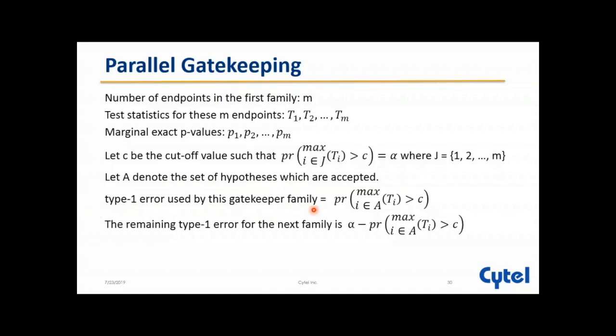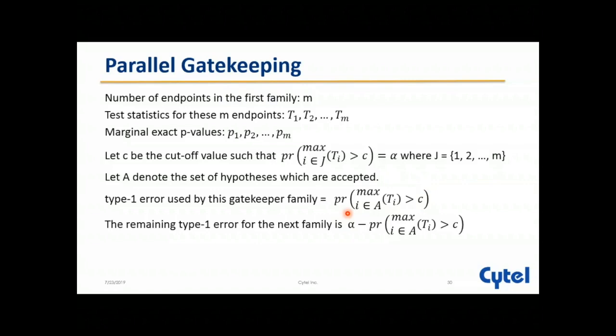So that type 1 error is computed by finding the probability of those hypotheses which are accepted and taking the maximum over them, those which are greater than the cutoff value. We consider this probability as the type 1 error used by the first gatekeeper family. So out of given alpha, some alpha is used in this parallel gatekeeper.